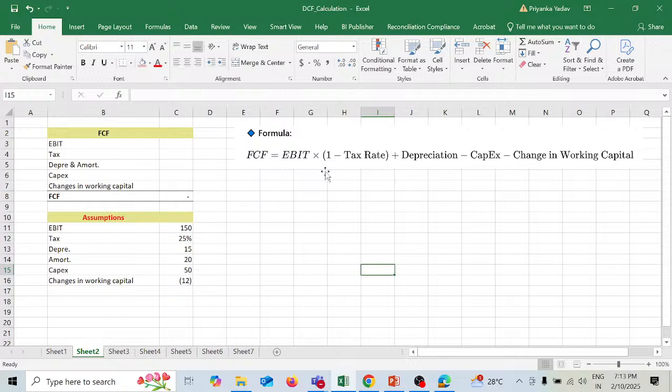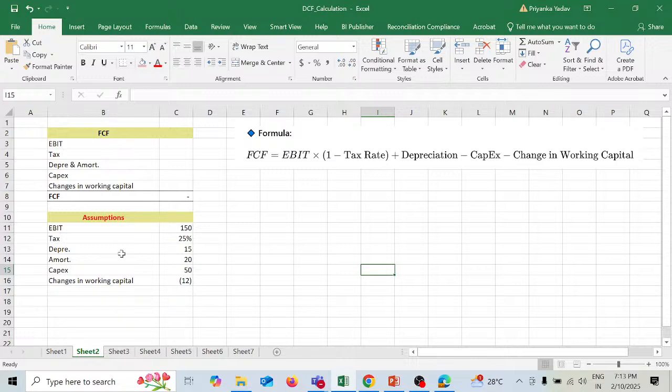The formula over here you can see, it is EBIT multiplied by 1 minus tax rate plus the depreciation minus capex minus change in the working capital, that is increase or decrease in the working capital.